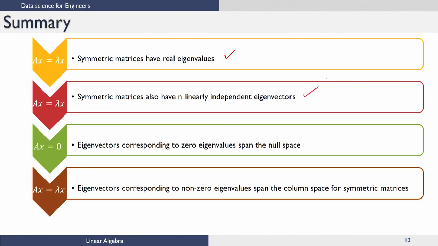The eigenvectors corresponding to 0 eigenvalues span the null space of the matrix A, and eigenvectors corresponding to non-zero eigenvalues span the column space of A for symmetric matrices. With this we have described most of the important fundamental ideas from linear algebra that we will use quite a bit in the material that follows.